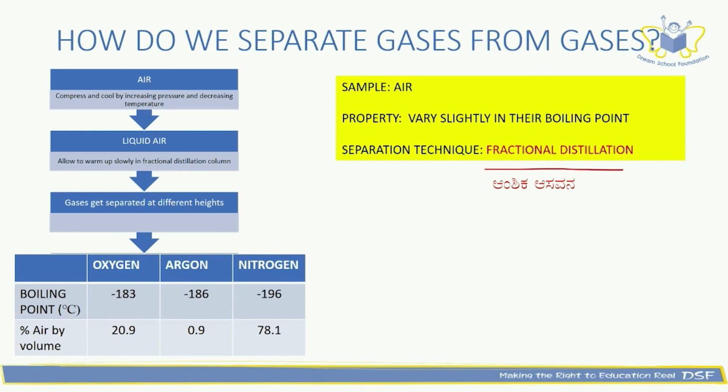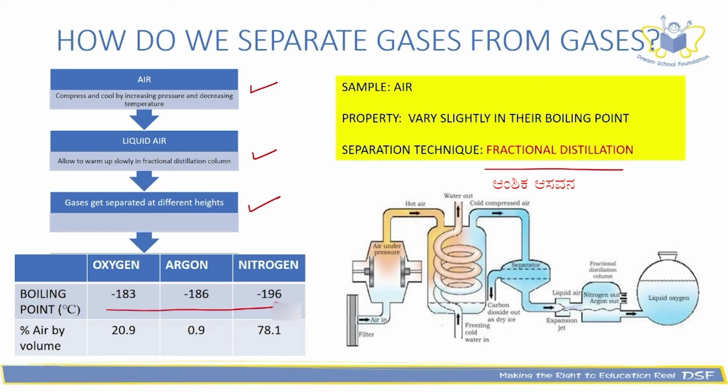First, we need to cool and compress the air, making it liquid air. Then we need to heat it slowly in the fractional distillation chamber or column and collect the gases at different heights based on their boiling point. A fractional distillation apparatus is shown here.